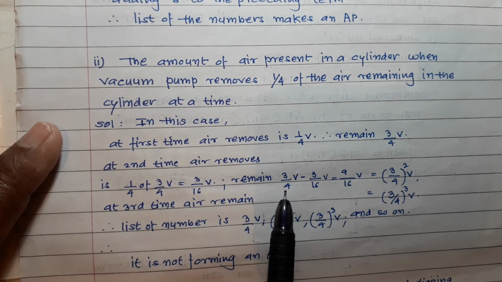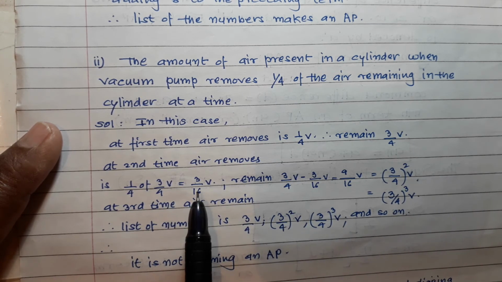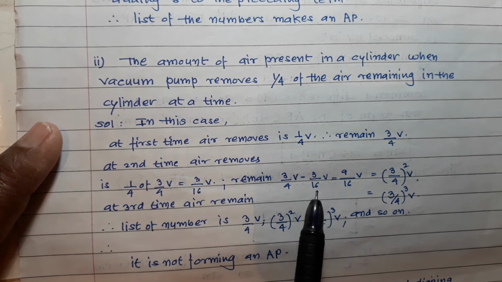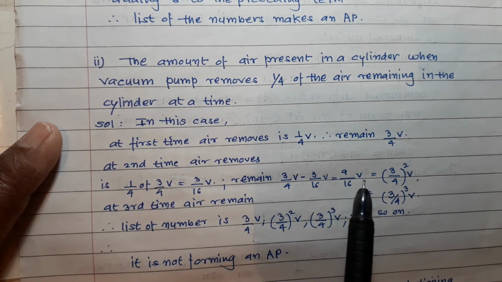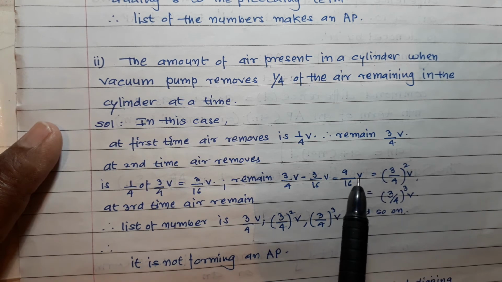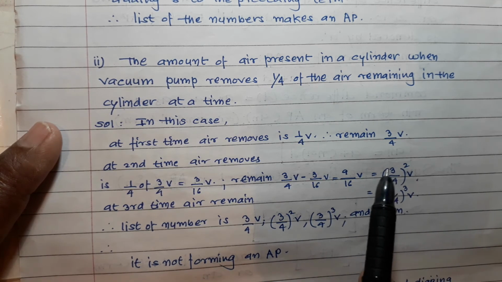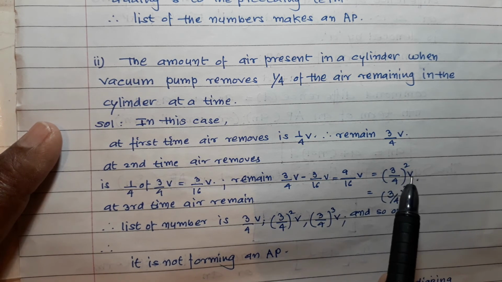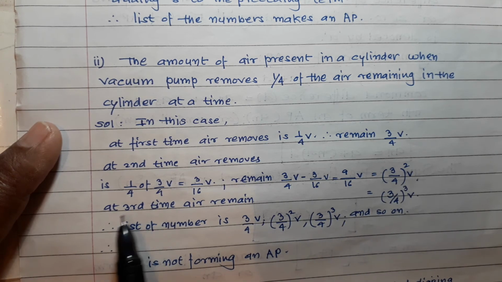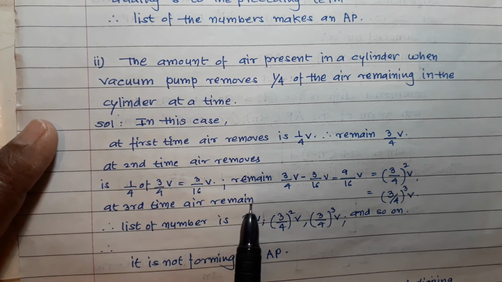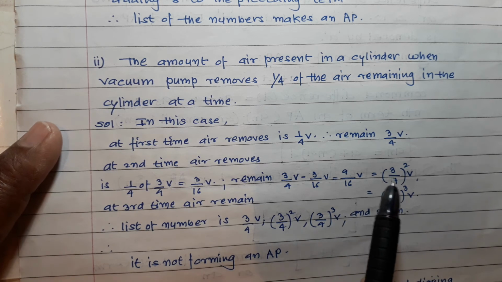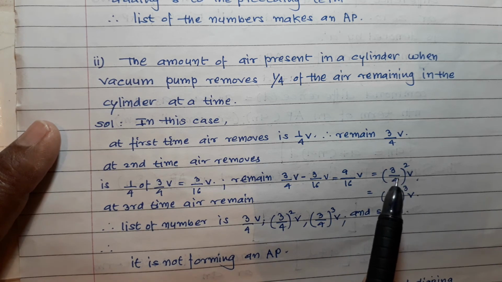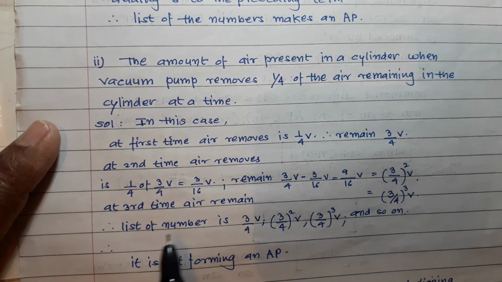So 3 upon 4 volume minus this volume 3 upon 16 gives you 9 upon 16 V, that is (3 upon 4) square V. And the third time, from this you subtract 1/4 of the volume.